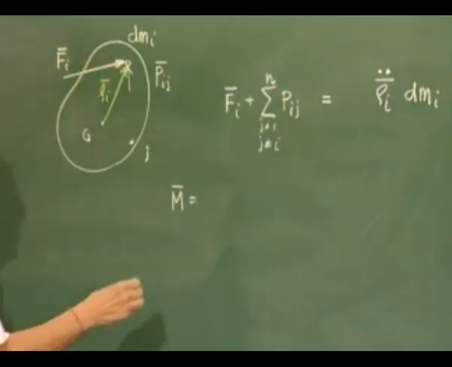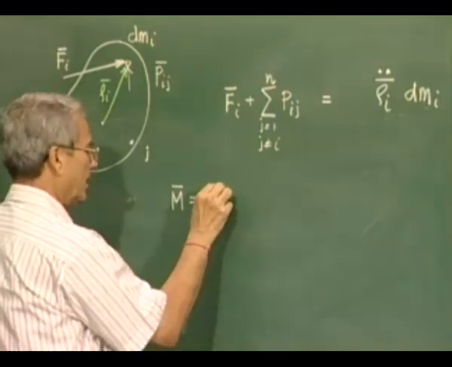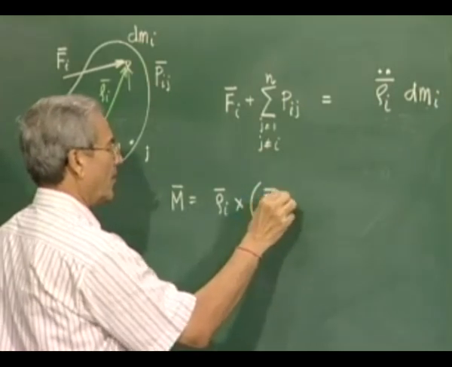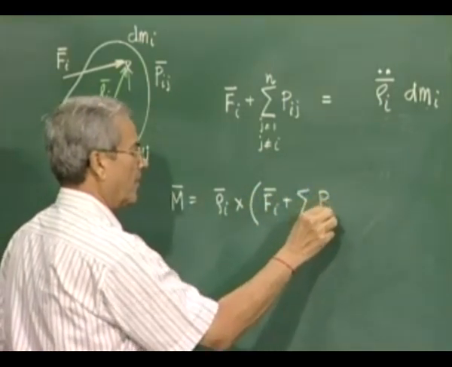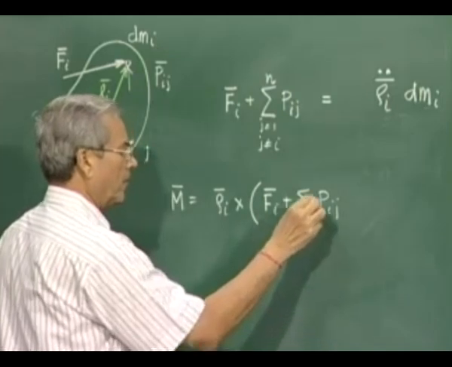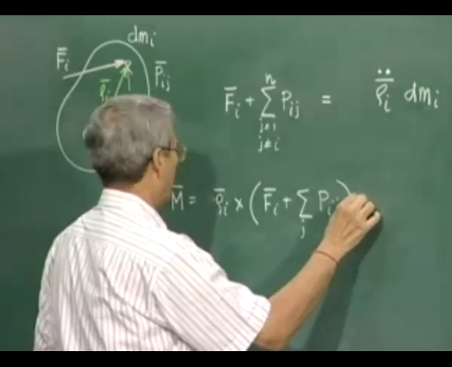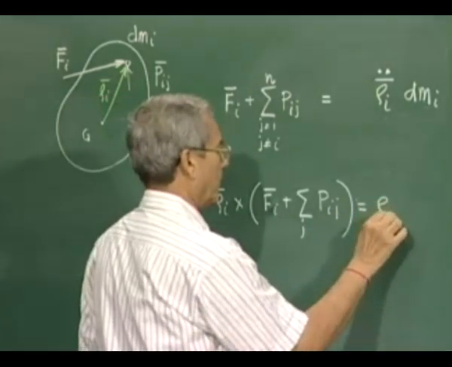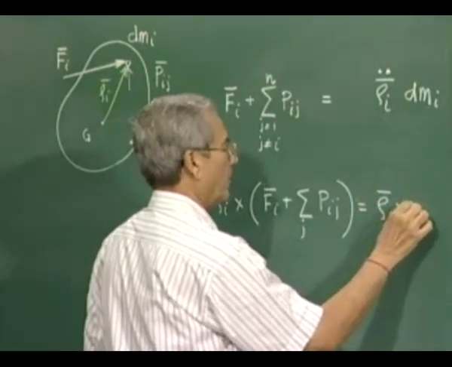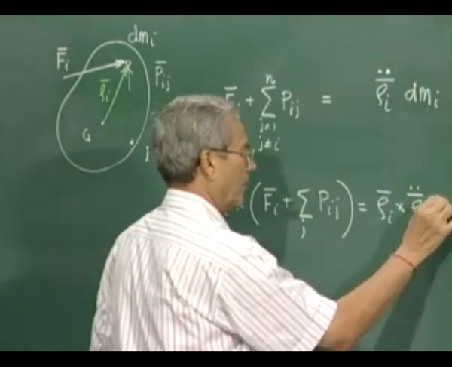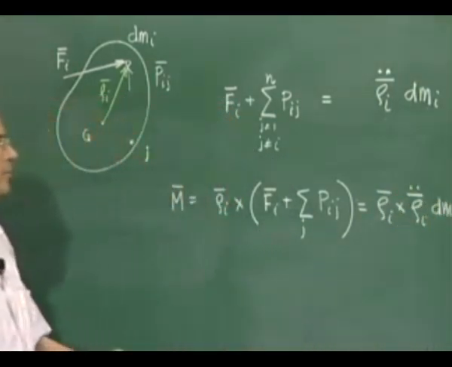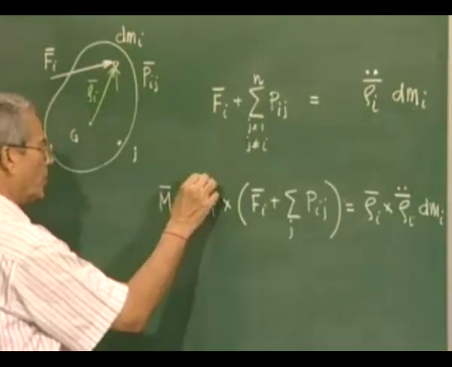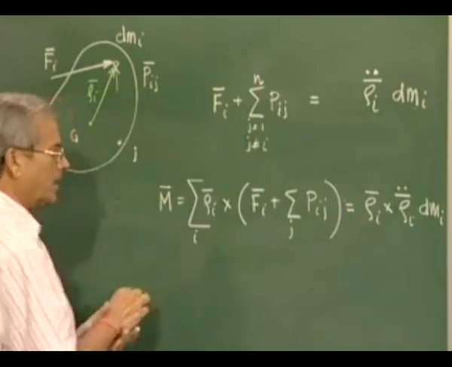This will be rho i cross the total force. Now remember, since we are finding the total, we have to sum it up for all particles.